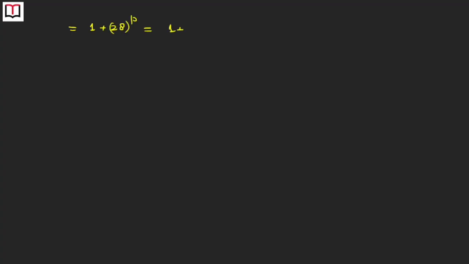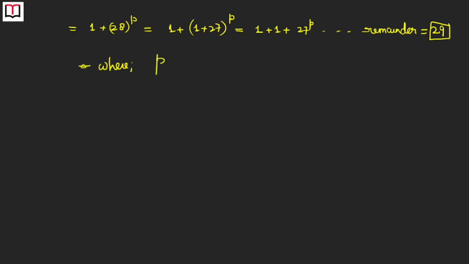Similarly, do it again: 1 plus 27 raised to the power p. With the same logic, you continue likewise, and finally you will get remainder as 29. Of course, we need to remember that p is greater than 29.